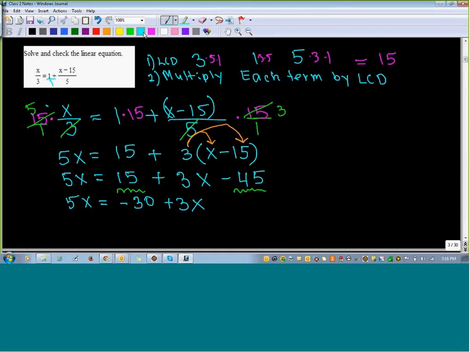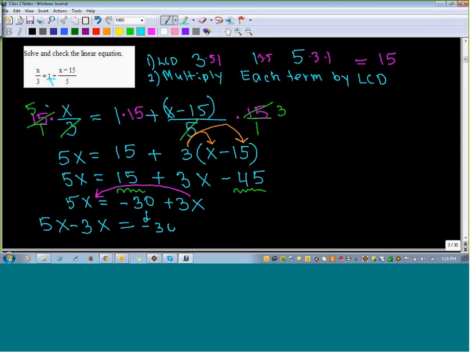So this letter wants to be with the other letter on the left. So you have 5x. Since it was positive 3x, moving to the left it becomes negative 3x. And if you're confused, this is the same as just subtracting 3x from both sides.